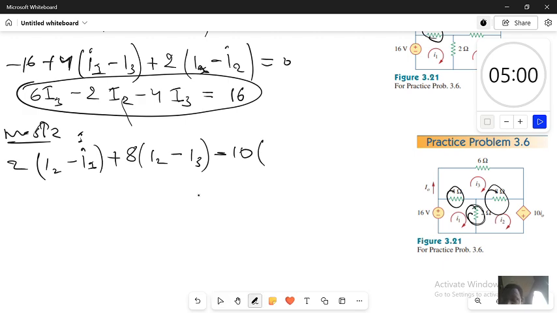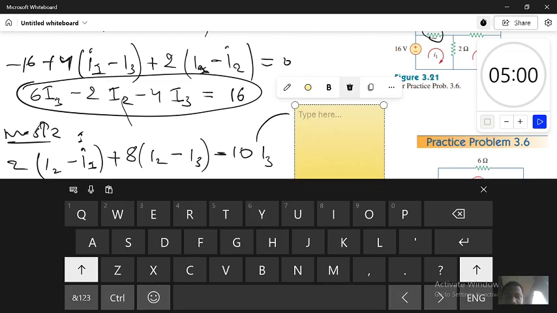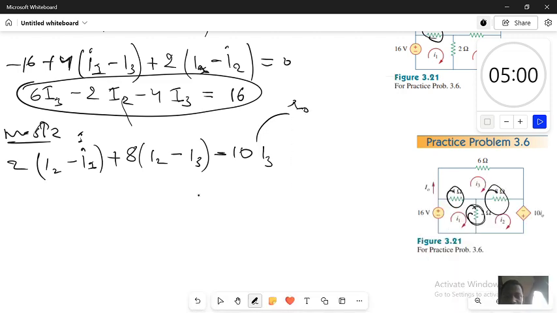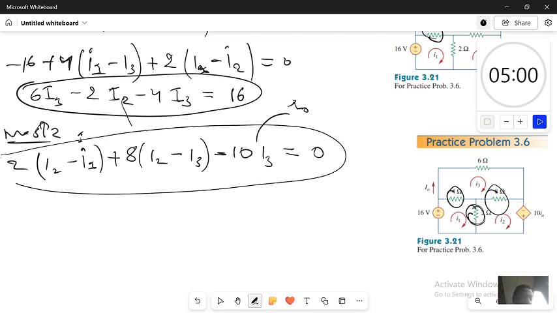But like in the previous example, this I0 is the same current as I3, so it's going to be minus 10 I3, equal 0. So I will find the second equation here.